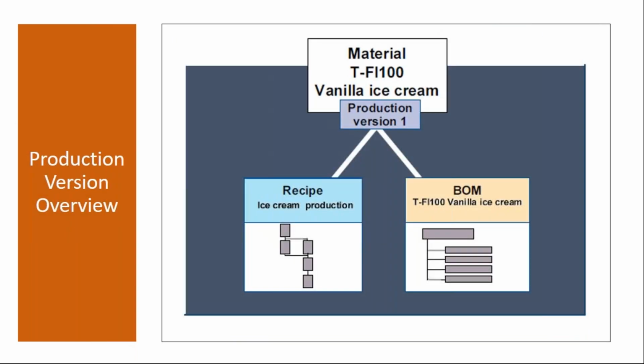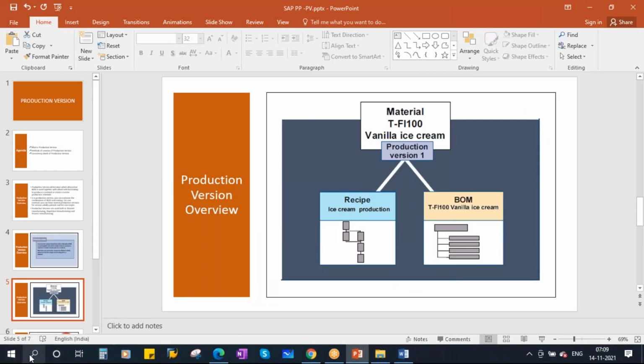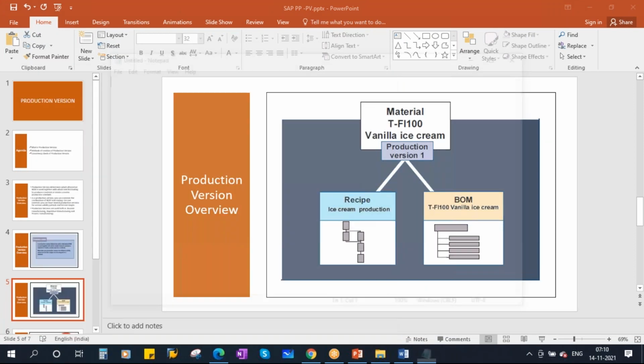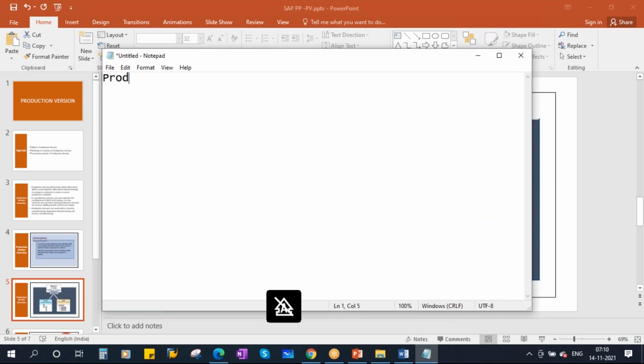So now let's create the production versions in the system. As we just discussed, production version is nothing but a combination of BOM and task list or routing. It is nothing but task list.